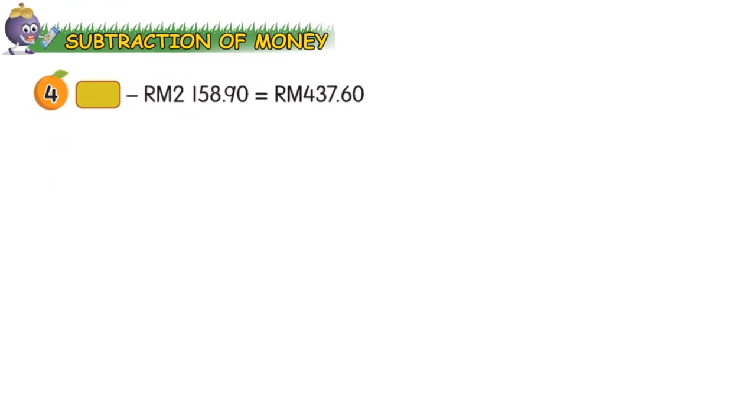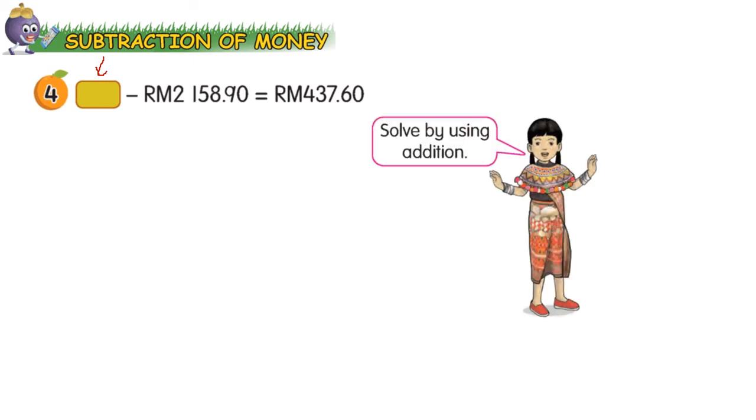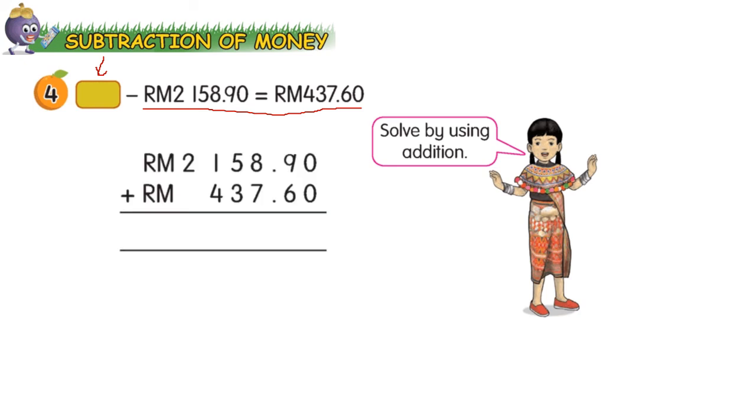Okay, we go to example number 4. This subtraction of money is involving an unknown. So to find the unknown of subtraction at the front, you have to use addition. So you have to add these two numbers by using the standard method like this. Again, start from the number at the most right.